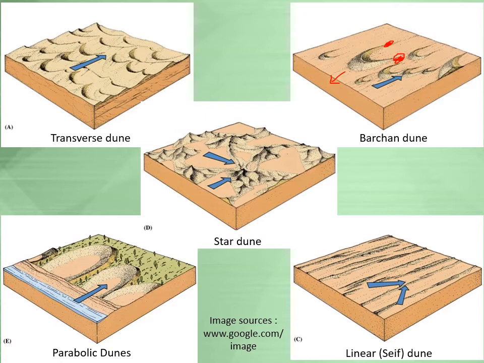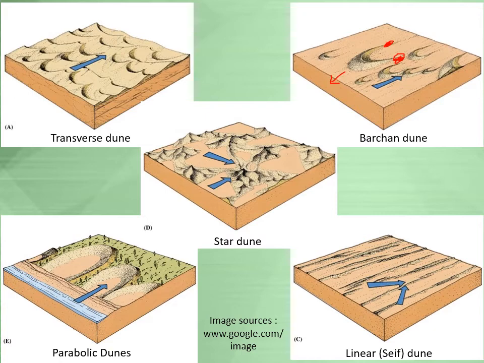Now, when the flow condition is varied, in all those transverse, Barkhan, and parabolic, the flow direction is uniform, that is one directional. But when there is more than one directional flow, then the morphology of the dune crest lines varies.